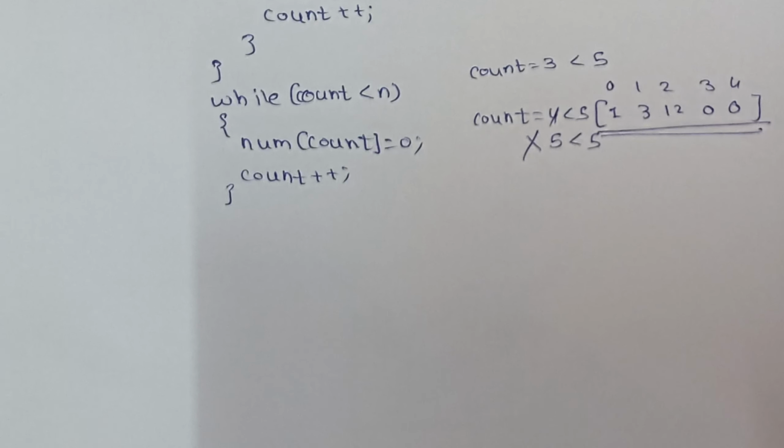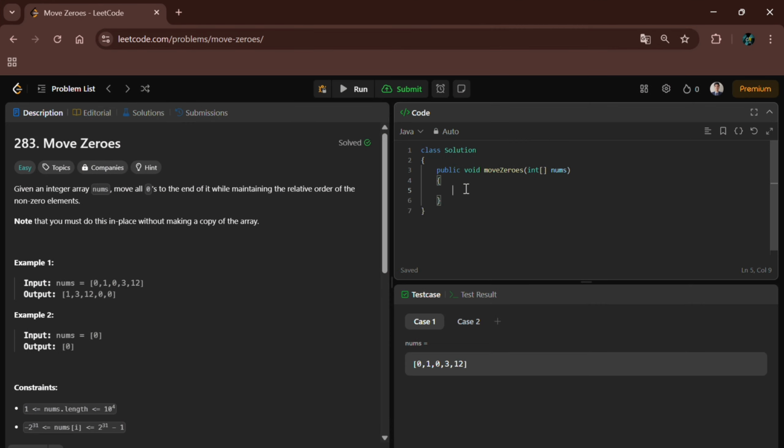So let's see the code here in Java. We will initialize a variable count equal to 0, and simply apply a for loop: int i equal to 0, and we will keep n equal to the length of the array, nums.length. We take i less than n, and i increment.